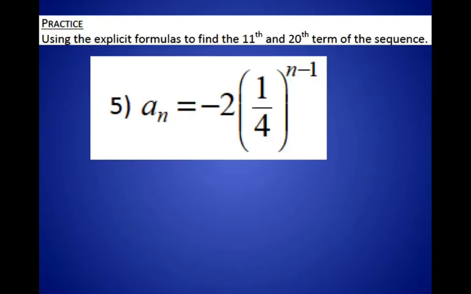Alright, so let's try maybe just one more here. So try to find a particular term. So look, we already had the explicit formula, so we're just looking to write a particular term. And actually, instead of doing this term, because they get too big, let's do just the 6th term. So let's go a sub 6, and we're just going to plug in a 6 wherever there's an n.